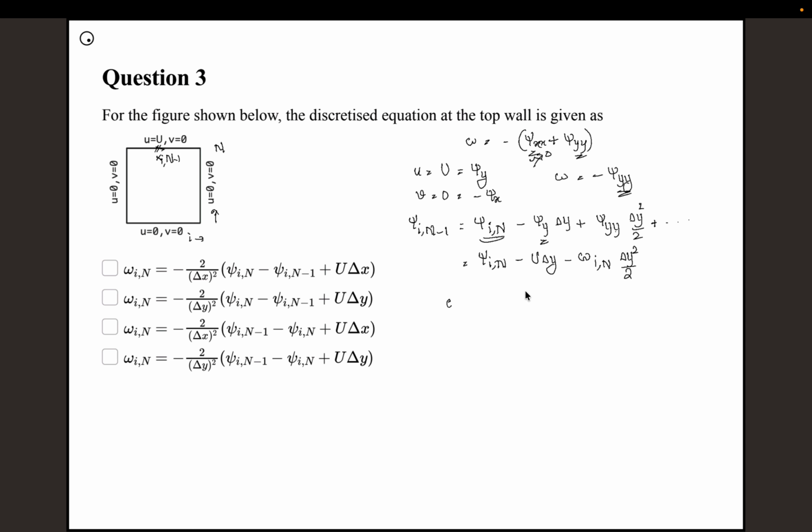So we can just rearrange this equation. Psi i n minus 1 minus psi i n plus U delta y.